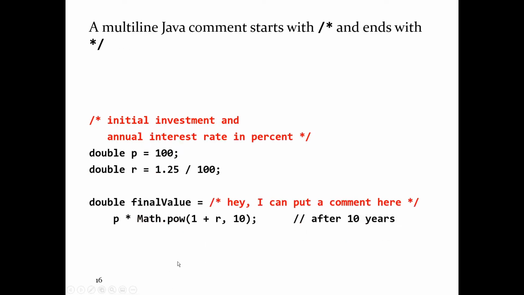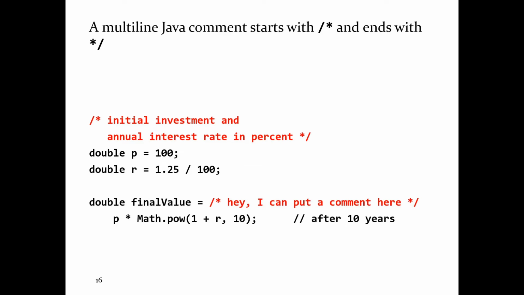Java also has multi-line comments. A multi-line comment starts with /*. It continues for as many lines as you want until the first */. So that's a two-line comment right there. This form of commenting you're allowed to insert into the middle of most statements.